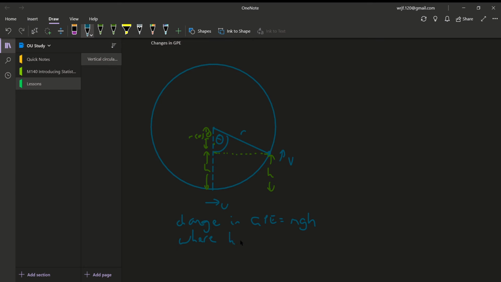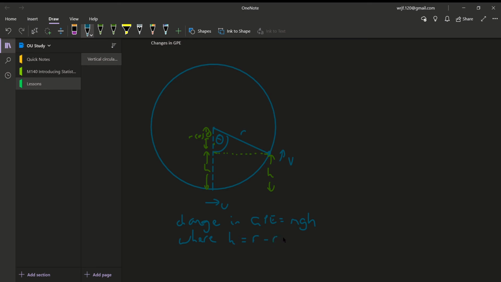So h is just going to be, it started a full radius below the center of the circle, and at this new point it's now just r cos theta, radius times cos theta, below the center of the circle.